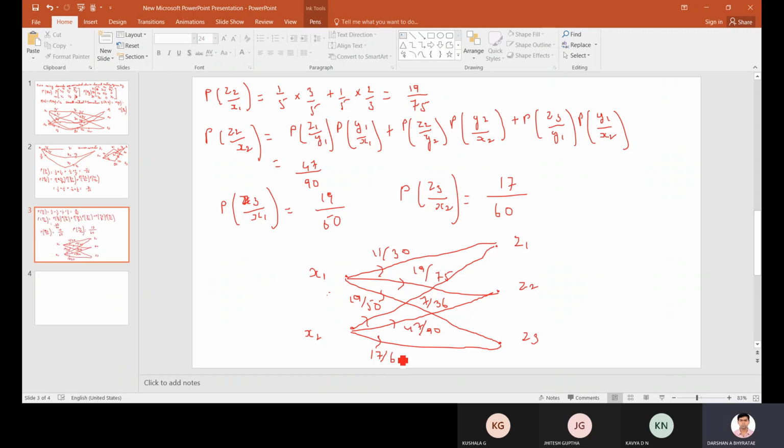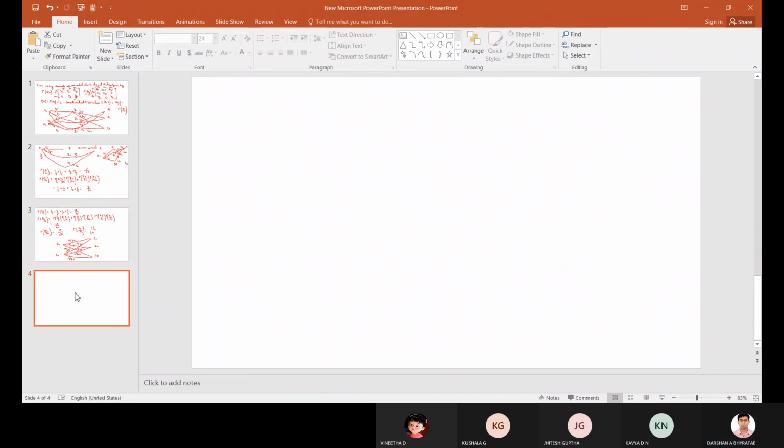Okay, so next we have to determine I of x comma z. I of x comma z is given as H of z minus H of z by x.